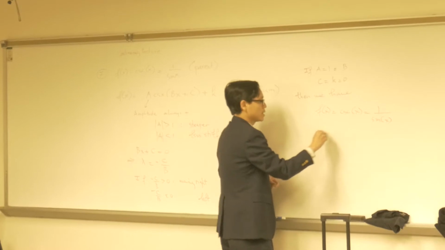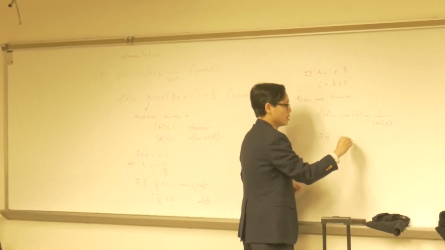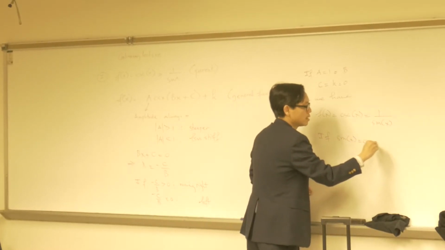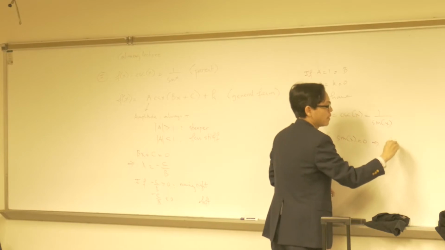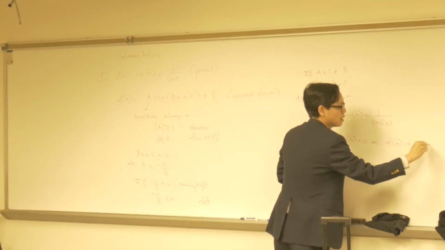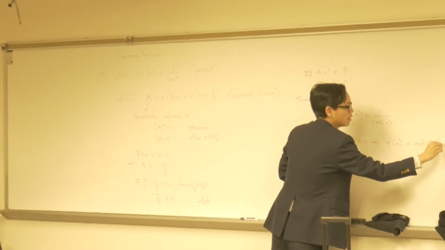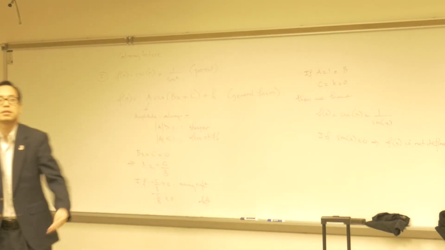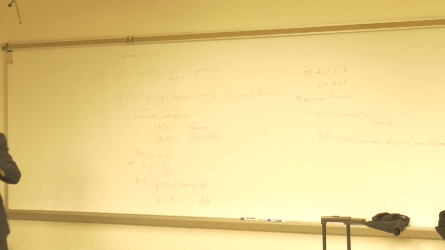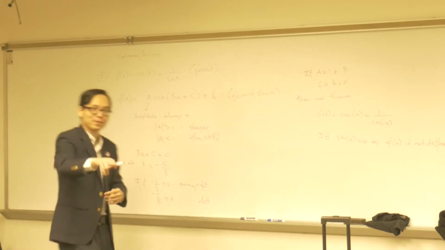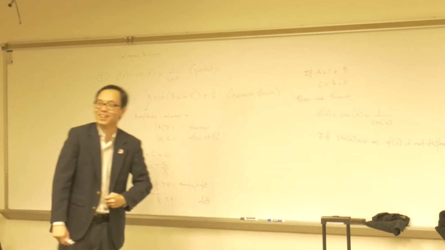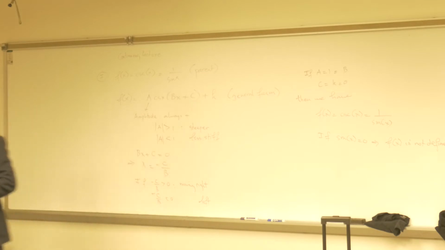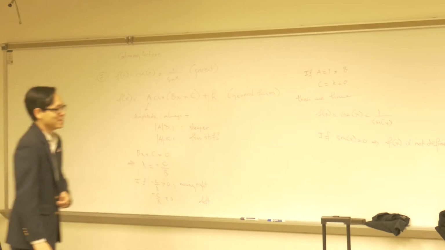If sine of x equals 0, the function is not defined, because we have 1 over 0, and it doesn't work. Some students, I don't know why, put 1 over 0 as 0. That is a very terrible mistake.